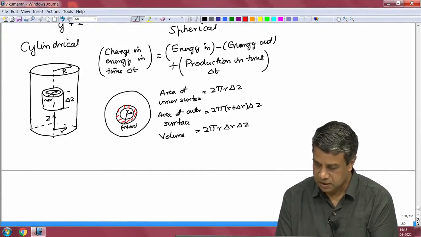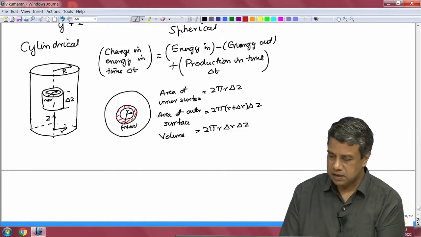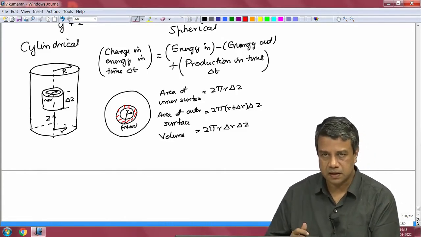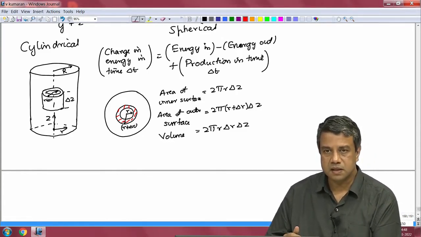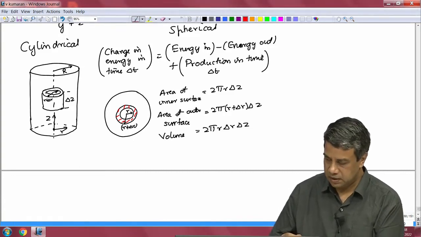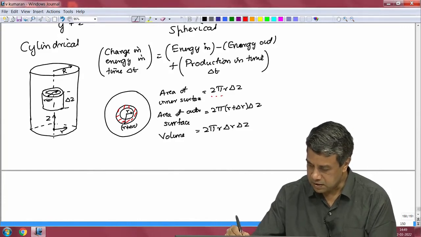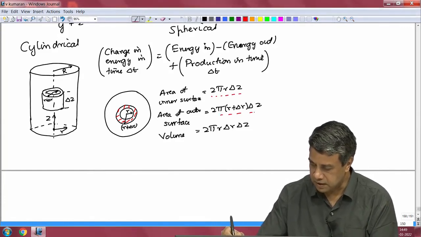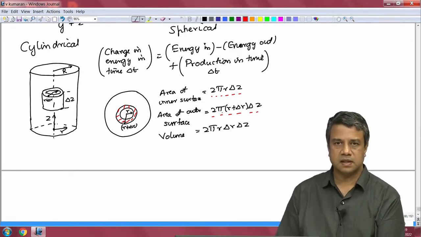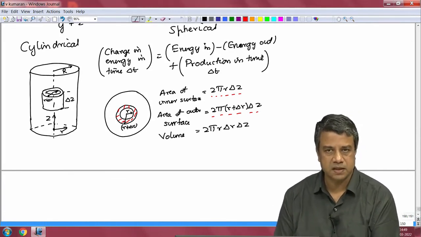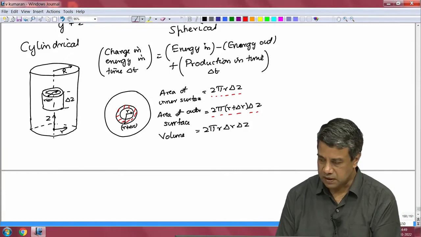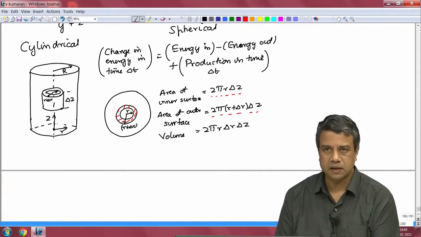So, the change in energy in time delta t is the change in energy density times the volume. I should note before I progress here that in this case the surface areas of the inner and the outer surfaces are not equal in general.